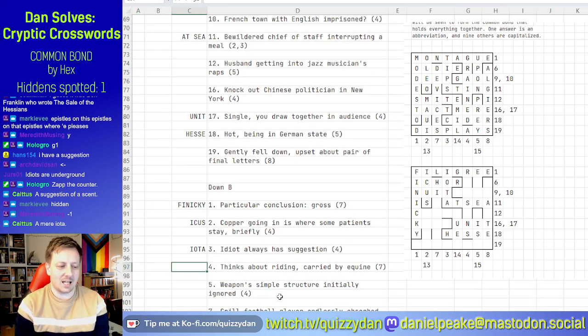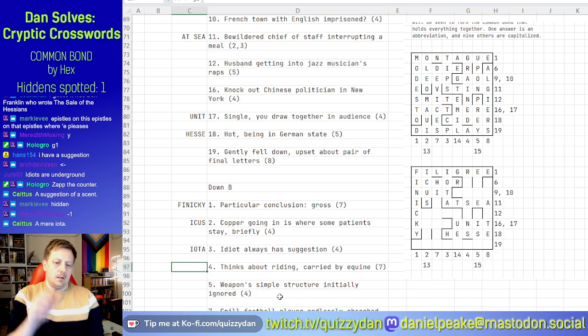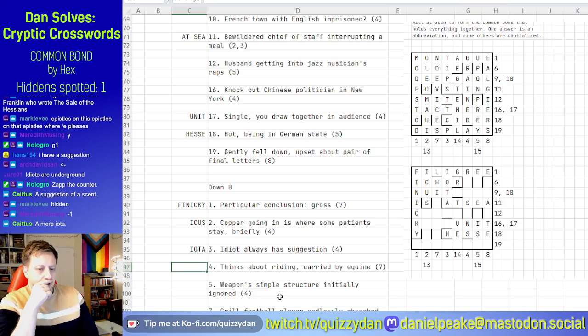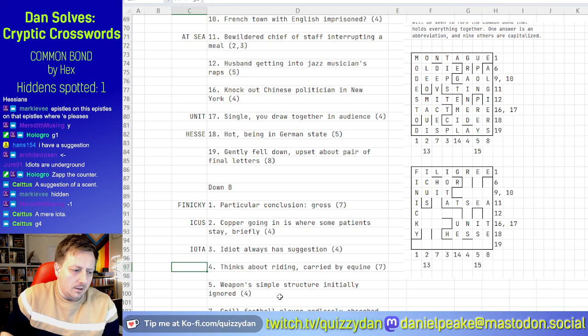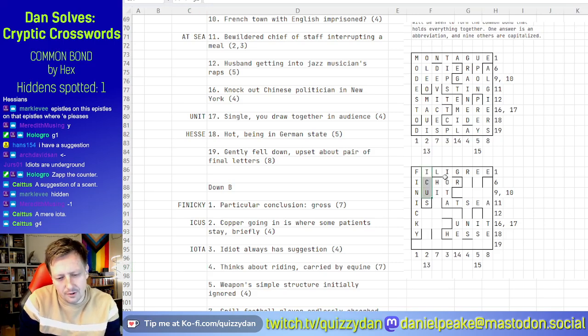Thinks about riding carried by equine. I think the definition is... I want the definition to be thinks about, because I want the answer to be reasons based on this.